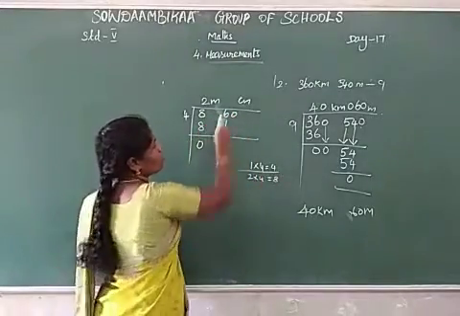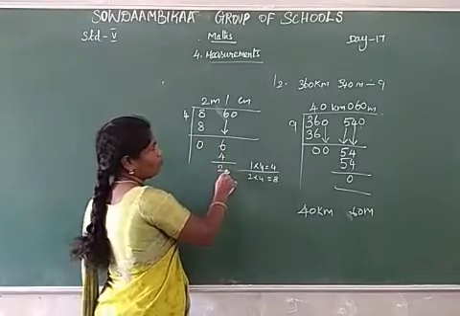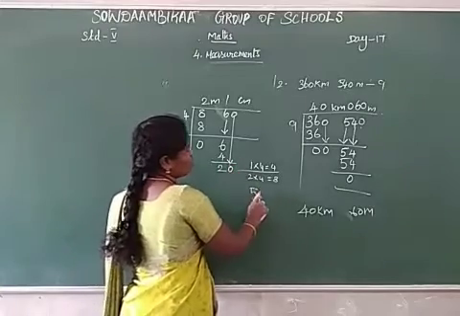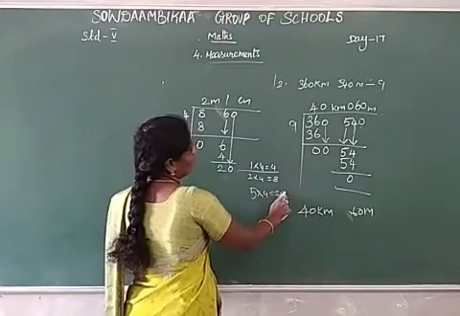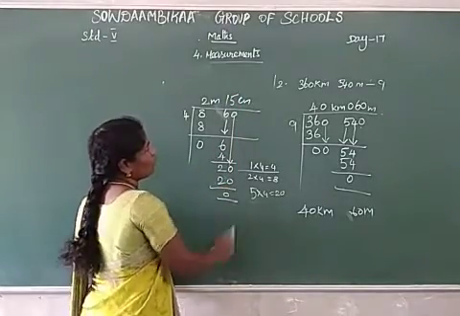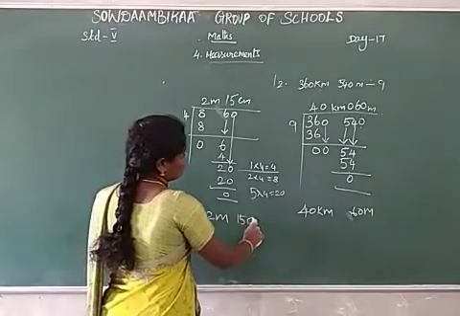So 1 four is 4. 6 minus 4, 2. Next bring down the next number 0. 5 fours are 20. 20 minus 20, 0. The answer is 2 meter 15 centimeter.